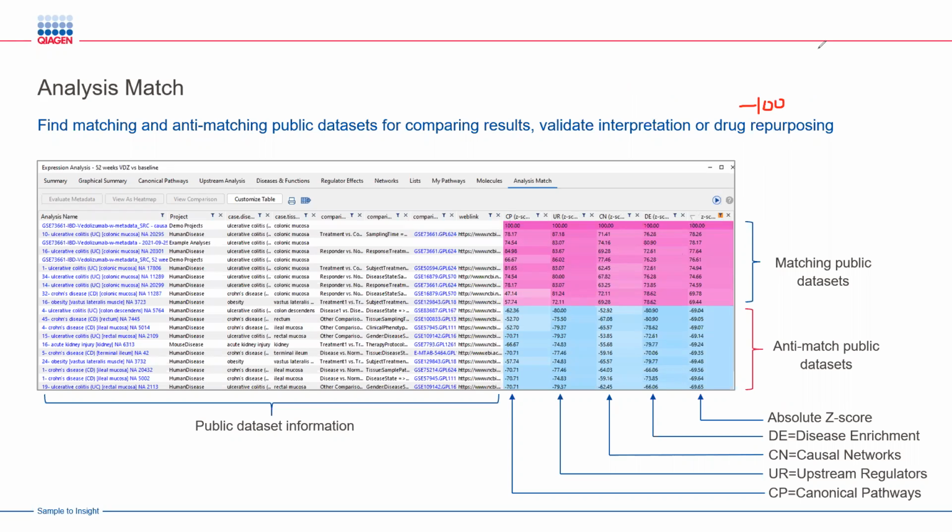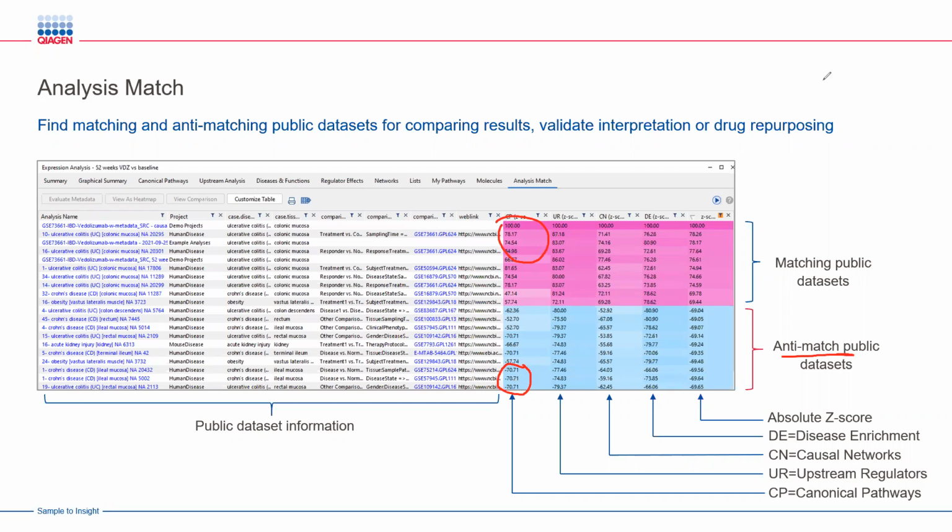So that's how you look at these numbers here, the scores. So the higher these numbers are, the higher the match between the biological signatures between your data and public data. The higher the absolute value of these negative matches, the higher is the, I would say, the anti-match between your data and public data.